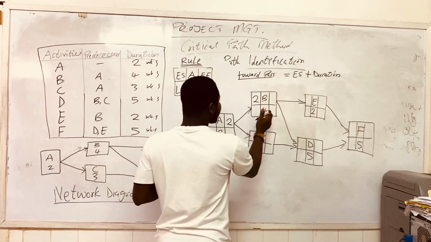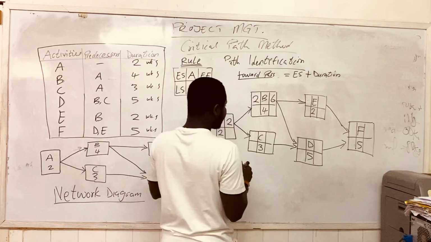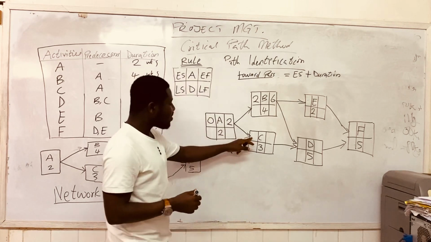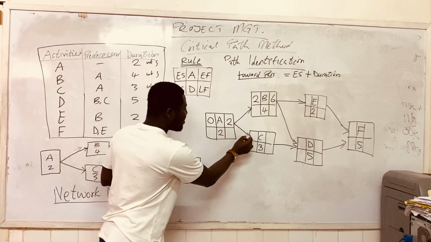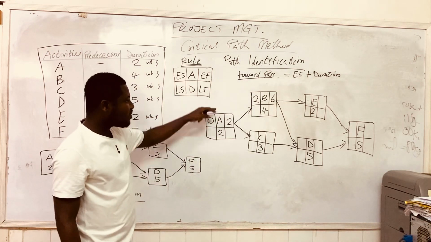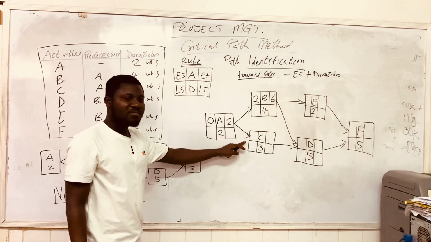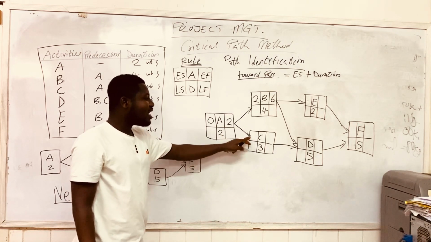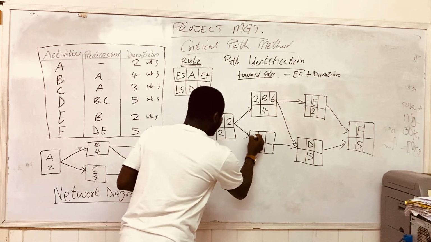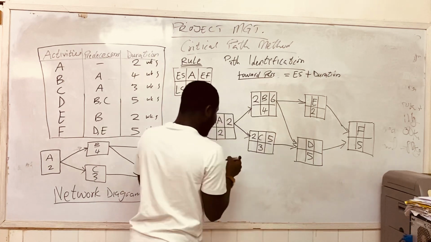And so 2 plus 4 is 6 here. Then we come here. C also has A as the predecessor. So the earliest finish time for A is the same as the earliest start time for project C. So 2 here. So 2 plus 3 is going to give us 5.